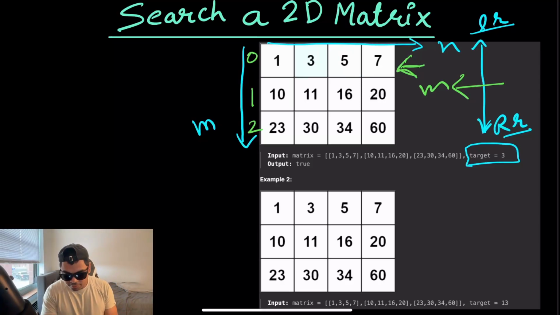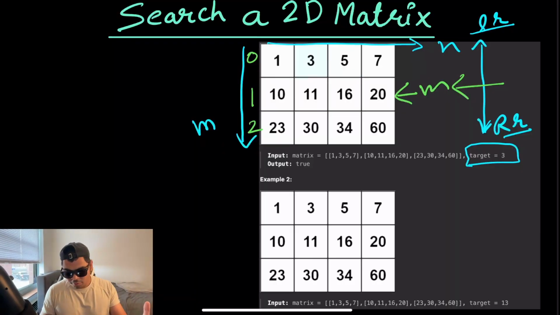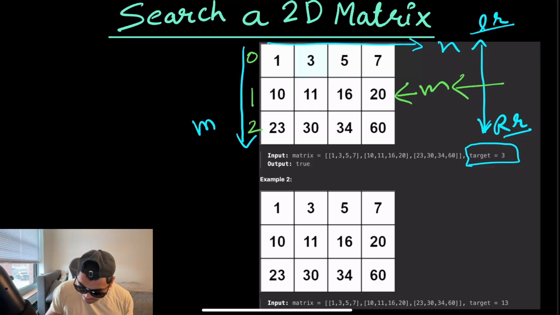Actually, that's not going to be the first row. 2 divided by 2 will be our first index. Actually, it's exactly the middle row. So my bad over there. So this will be my first mid row, and then I'll see, is my target between 10 and 20 inclusive?